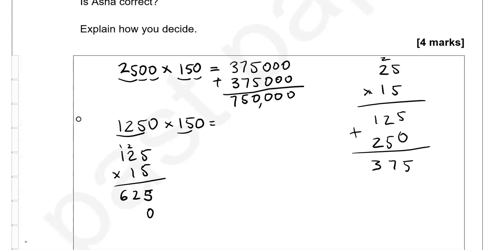Putting 0 down. 1 times 5 is 5. 1 times 2 is 2. 1 times 1 is 1. Adding them together. 5, 7, 8, 1. Now adding the 2 zeros.